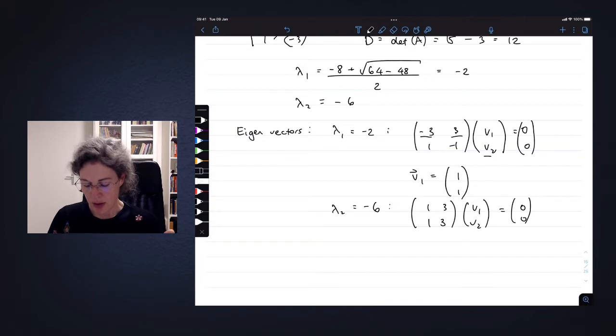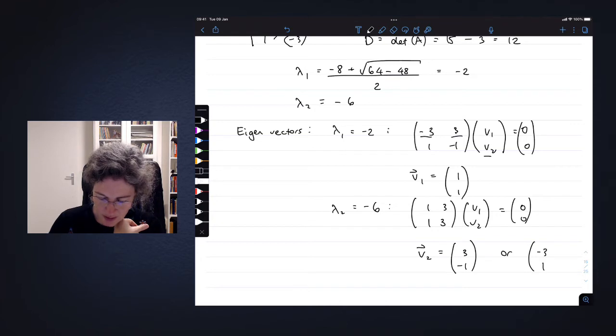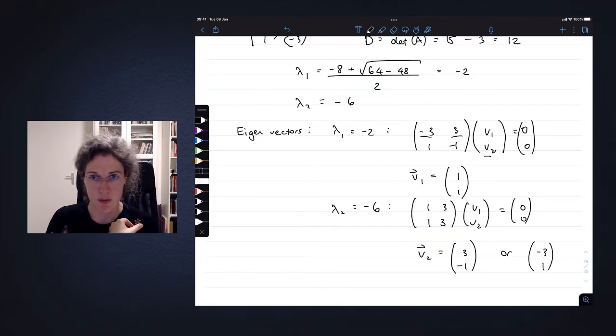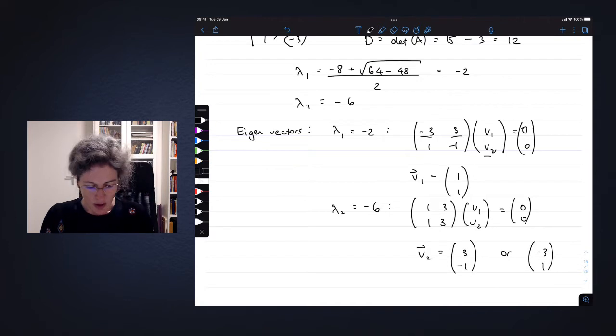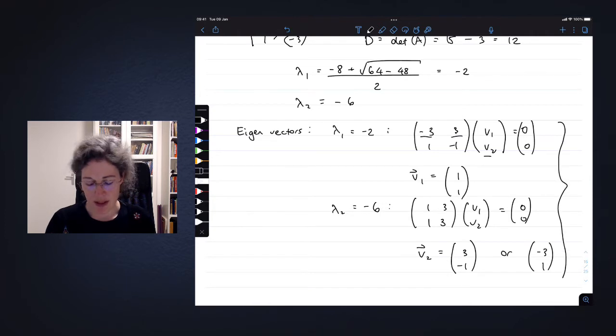And again, what values of V1 and V2 will make this true? Well, a simple option would be to take V1 equal to 3 or -3, so you could do 3 and -1, or -3 and 1. Those will be simple things that work. So this technique makes things a little bit quicker, and experience will help you with finding the eigenvectors, but you can just solve using simultaneous equations like we did before.